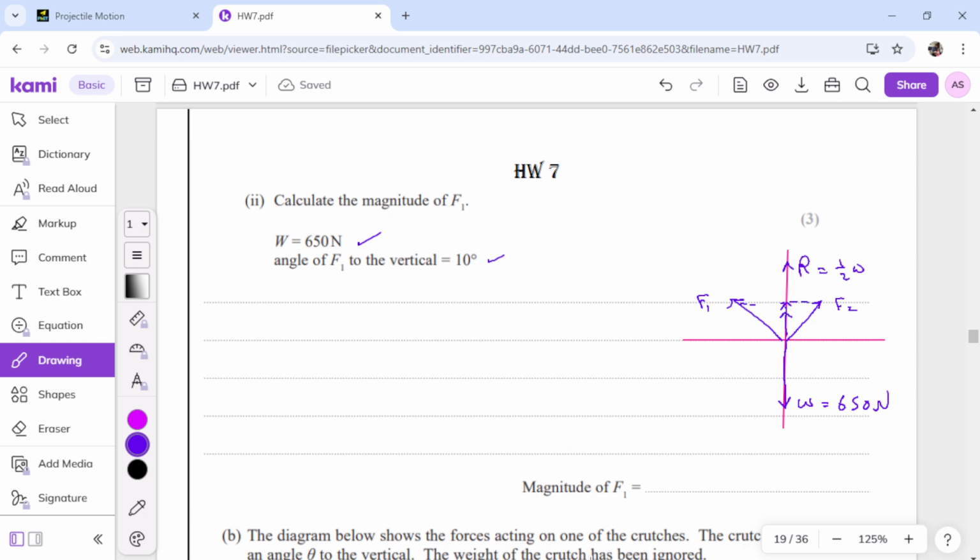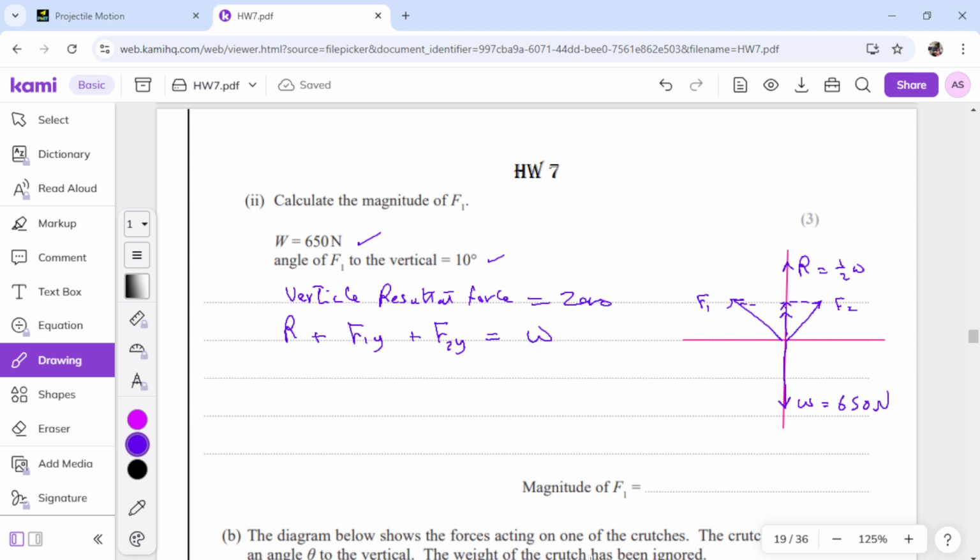So now we will talk about the vertical component. We'll start with vertical resultant force, which also equals 0. What does it mean? It means upward force equals downward force. So R plus F1y plus F2y equals weight.